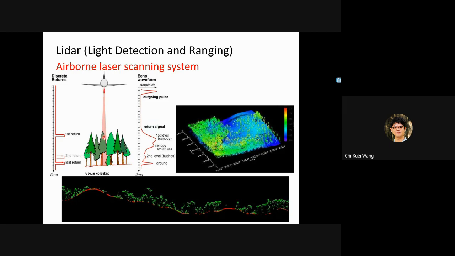But for those not being reflected, it will keep going downward to the floor, until it hits some other structures, and that energy will be reflected back. Or it keeps going down to the bush, and is reflected.